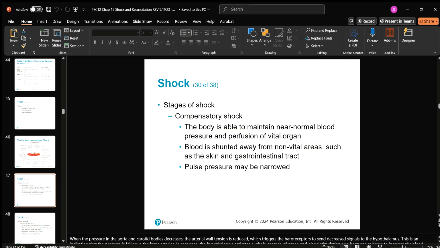One of those big areas is our skin. That's why we become pale, cool, and clammy, because the blood is being shunted away from our skin. What's the only type of shock where we're warm, red, and flushed? Neurogenic.